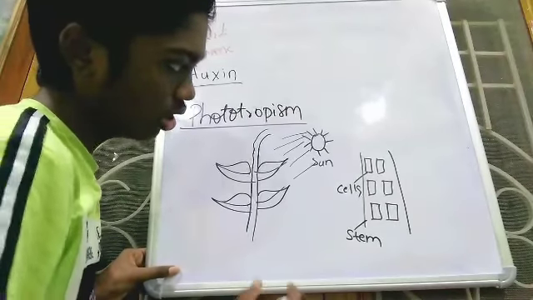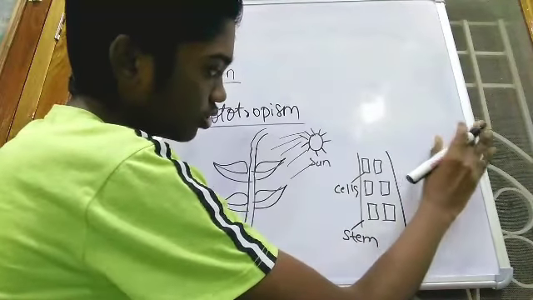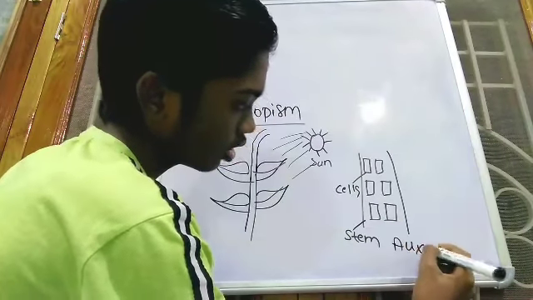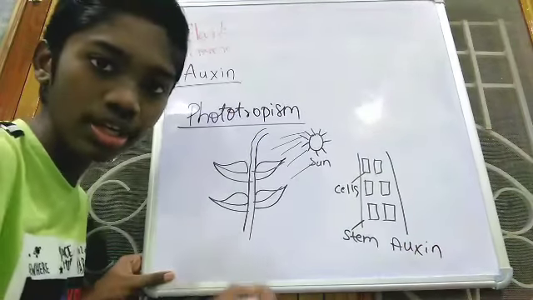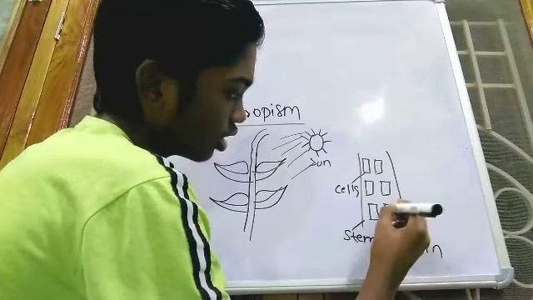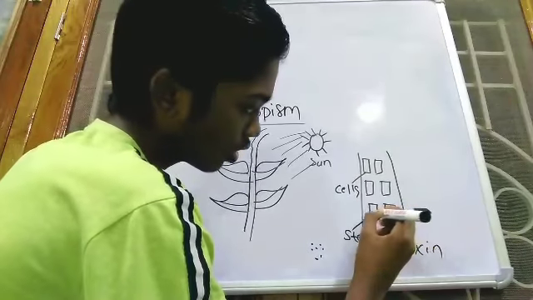Now, when there is no sunlight, assume that there is no sun, then the plant hormone auxin will be distributed equally to each and every cell of the plant. Assume that these dots are the auxin particles, auxin hormone.